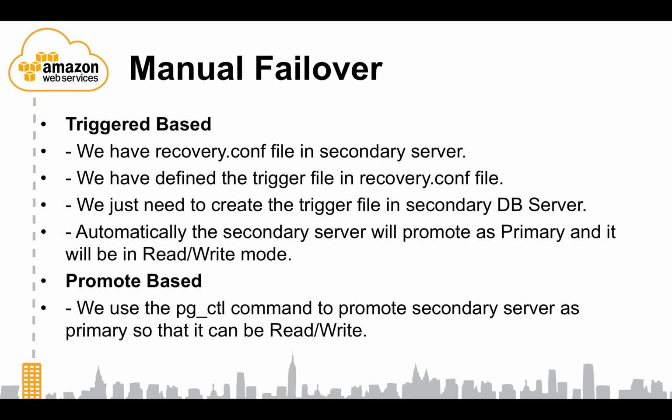We define the location where you need to create the trigger file. As soon as you create the trigger file in the secondary DB server, automatically the secondary server will be promoted as primary, and it will be in read write mode. That is how a manual failover is done. Just touch that trigger file and your failover is done.